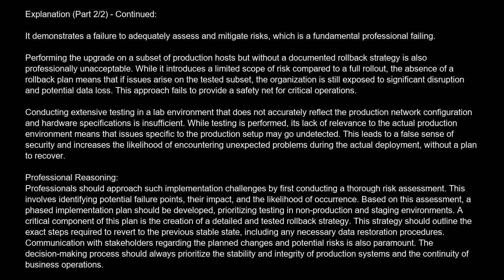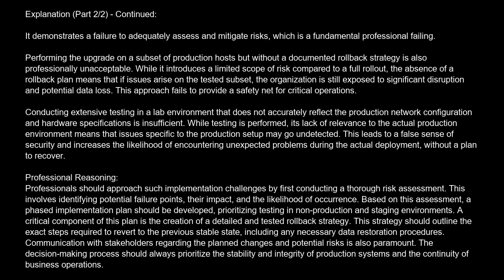Professional reasoning. Professionals should approach such implementation challenges by first conducting a thorough risk assessment. This involves identifying potential failure points, their impact, and the likelihood of occurrence. Based on this assessment, a phased implementation plan should be developed, prioritizing testing in non-production and staging environments. A critical component of this plan is the creation of a detailed and tested rollback strategy.